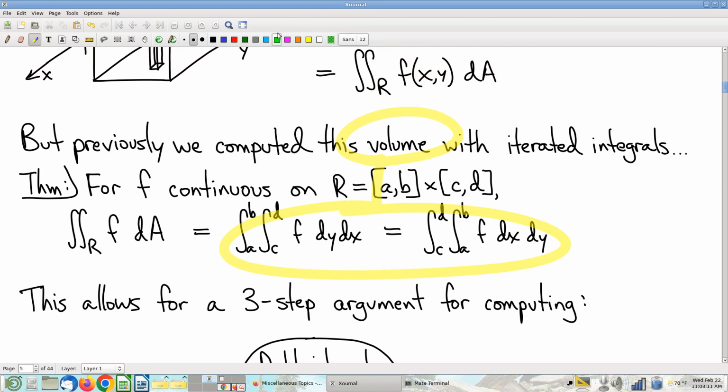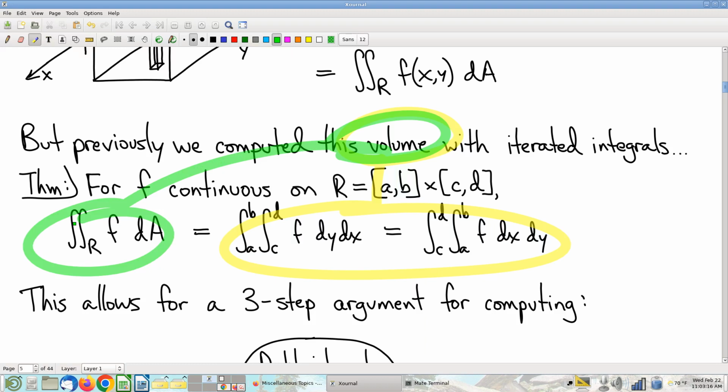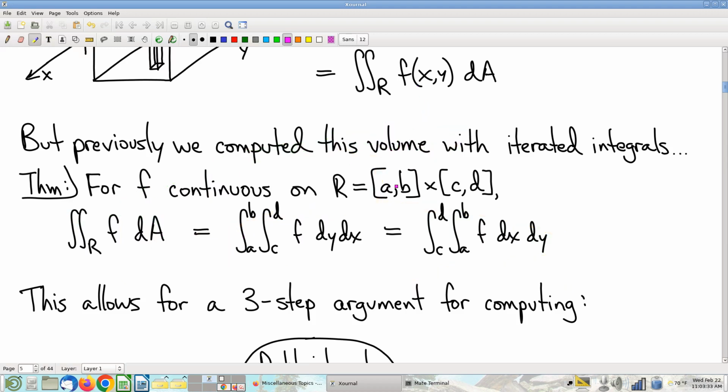So now that I have computed volume with double integrals, I'm computing the same thing with two different strategies, and that means that these two different things are also equal. So if you have a double integral, you can compute it with an iterated integral.